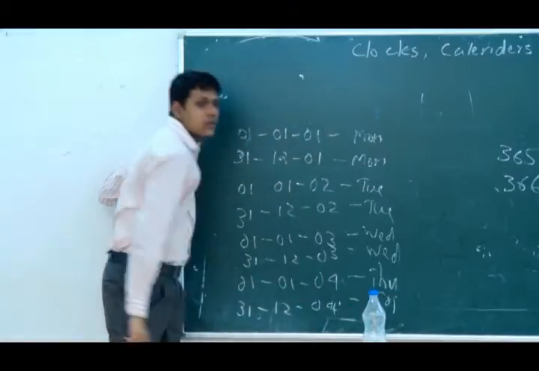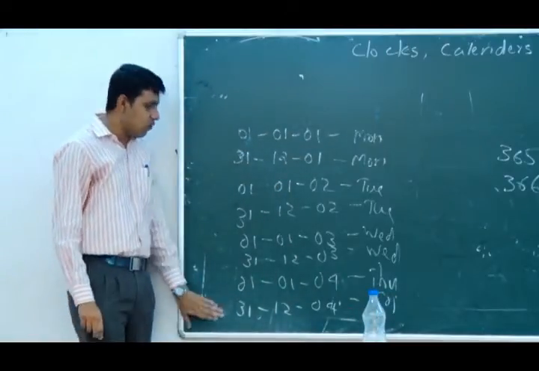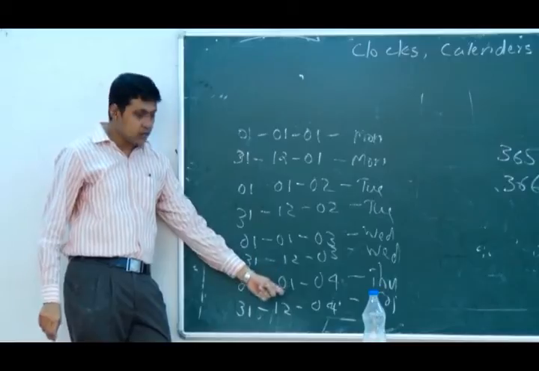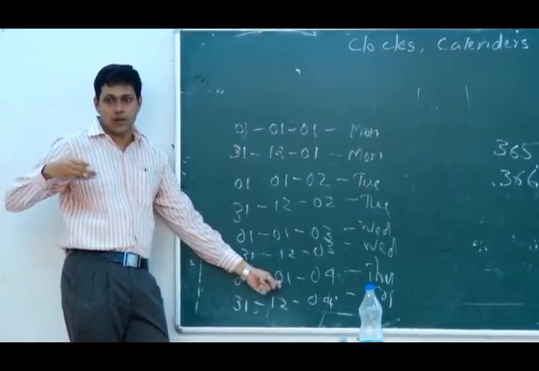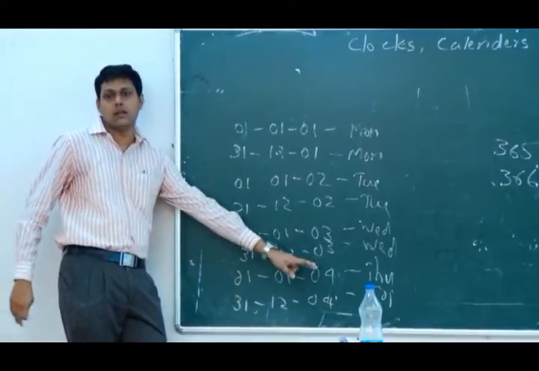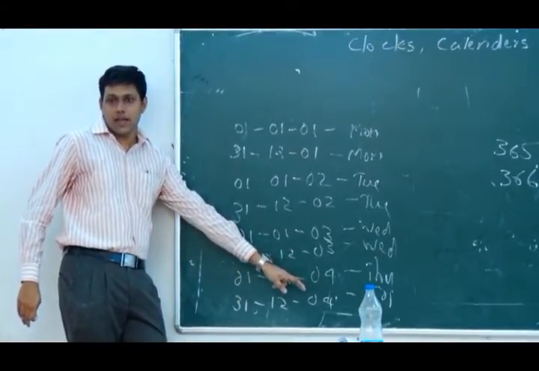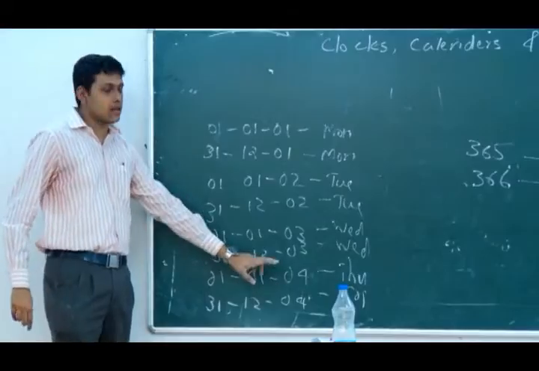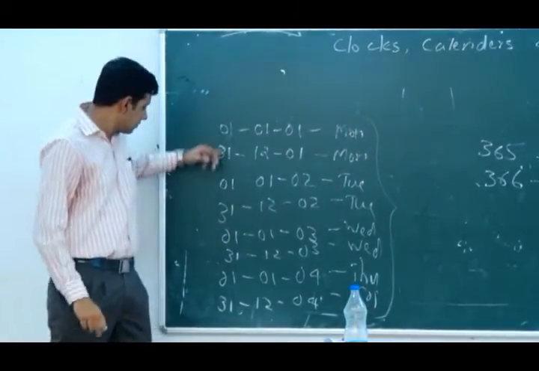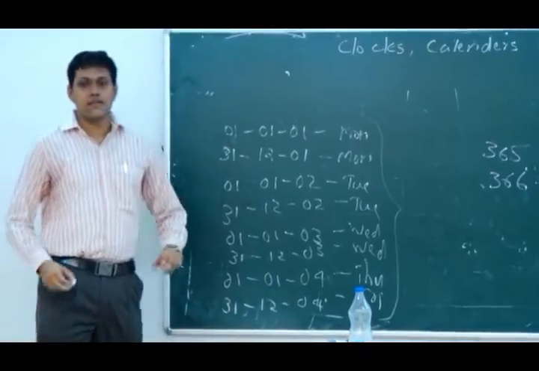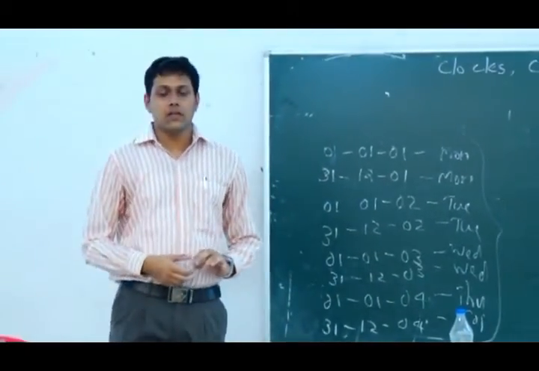Why? Because it's a leap year. Year 4 is a leap year. It doesn't matter before we start, because the extra day comes after February. So at the end of the year, we should have Friday instead of Thursday, one extra day. So the last day is Friday. This is the method for the first 2-3 years.